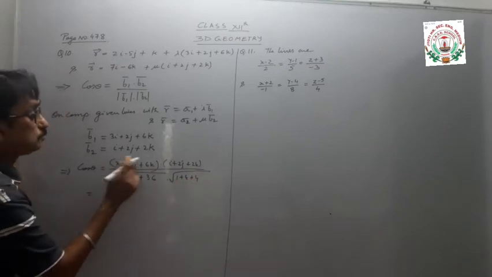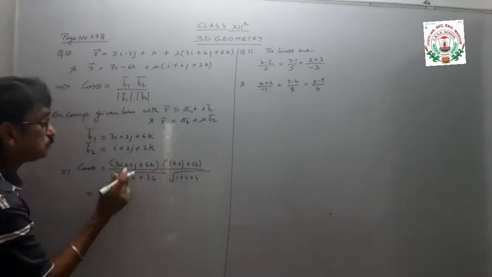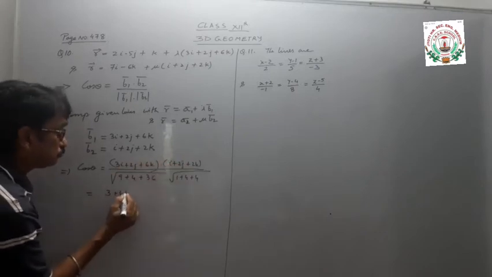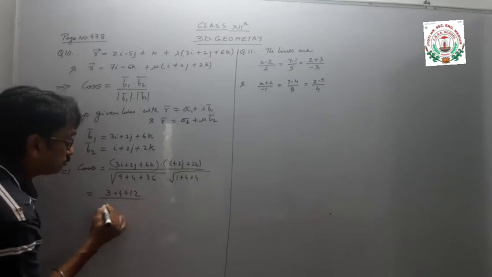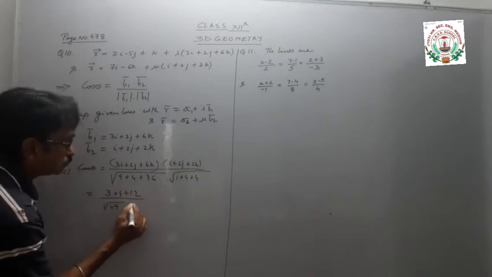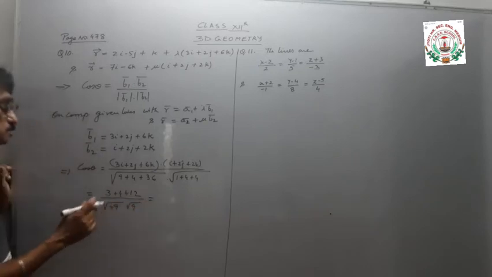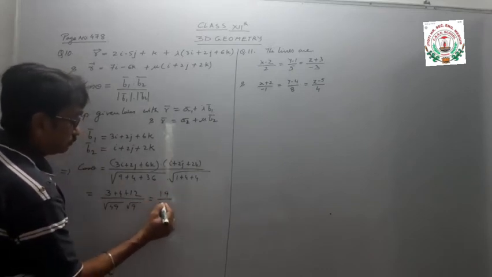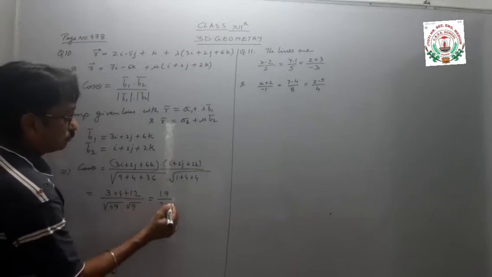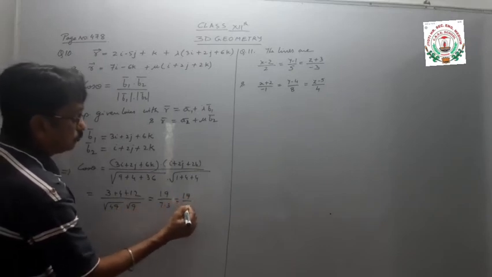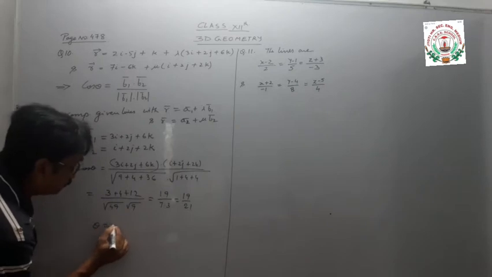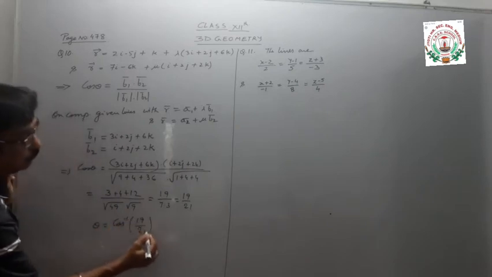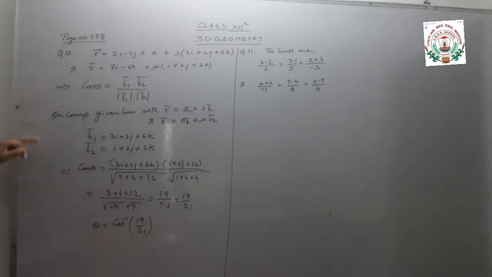This gives us 3 into 1 is 3, 2 into 2 is 4, 6 into 2 is 12, and this becomes square root of 49, square root of 9. 3 plus 4 is 7, 7 plus 12 is 19, upon 7 into 3, that is 19 upon 21. So theta will be equal to cos inverse of 19 upon 21, which will be our angle between these two lines.